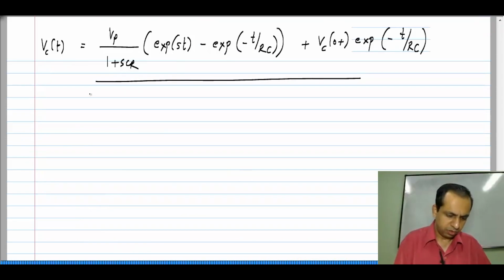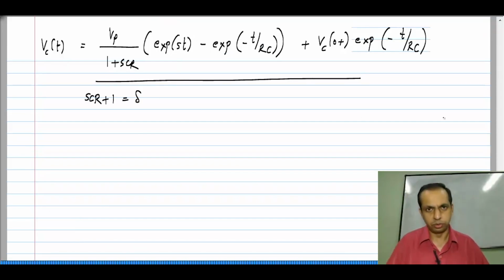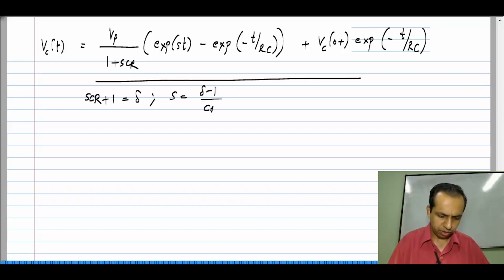So first of all, let me define SCR plus 1 to be some delta. It just turns out to be easier to do it this way. You don't have to do it like this, of course. Then this means that S is delta minus 1 divided by CR.